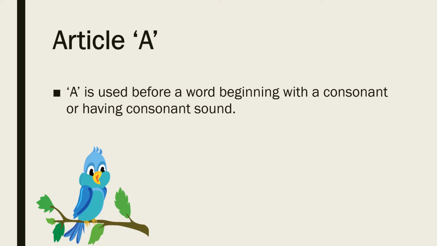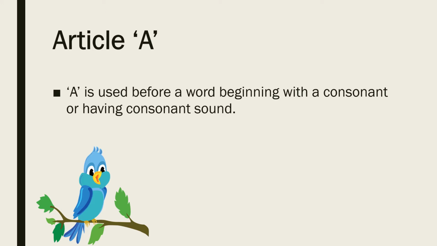While using articles a and an, it is important to note that the spelling does not matter, but the pronunciation of the word matters. So, we will use a or an according to the sound. When we pronounce any word, the first sound of the word matters. So, according to the first sound of the word, we will use a or an.